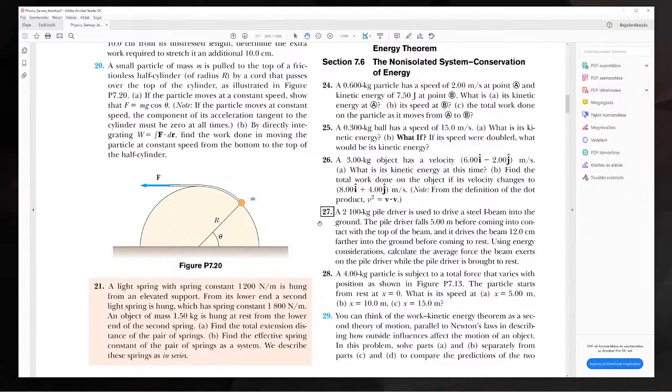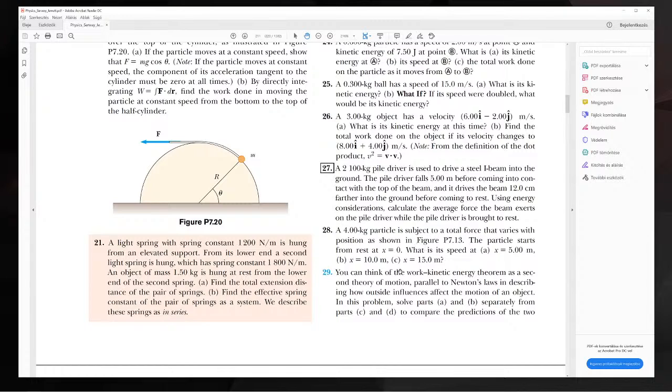So, for example, you can solve this example.